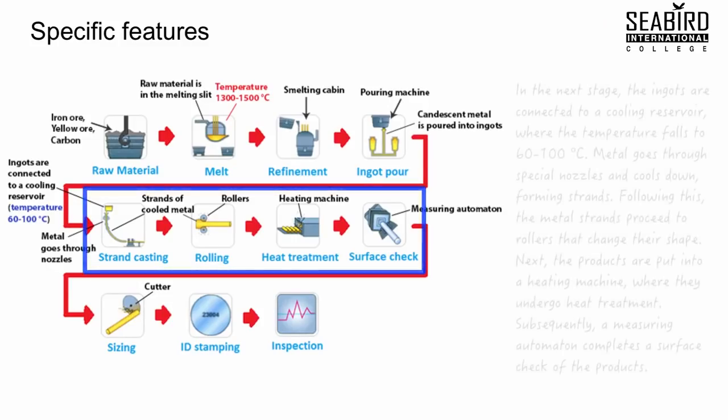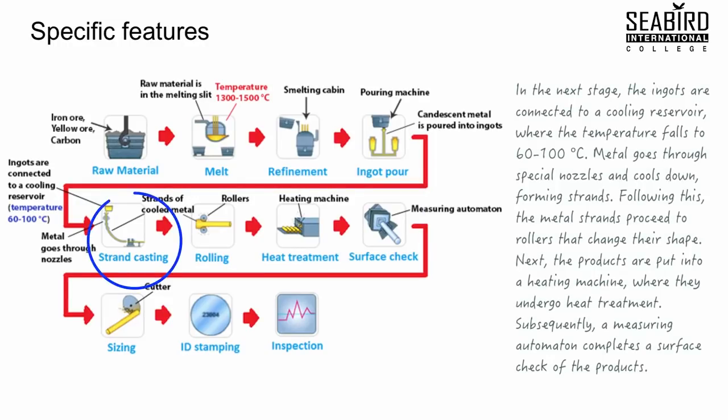Here's how I wrote it. In the next stage, the ingots are connected to a cooling reservoir, where the temperature falls to 60–100 degrees Celsius. Metal goes through special nozzles and cools down, forming strands. Following this, the metal strands proceed to rollers that change their shape.